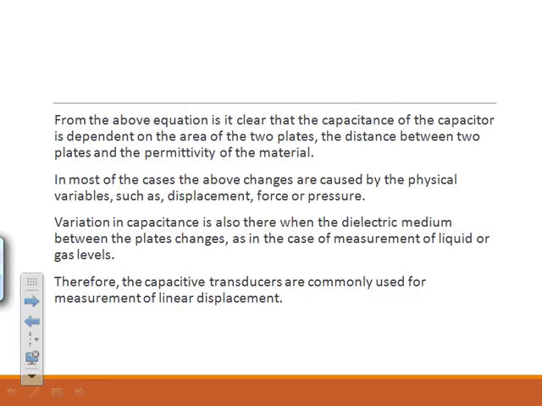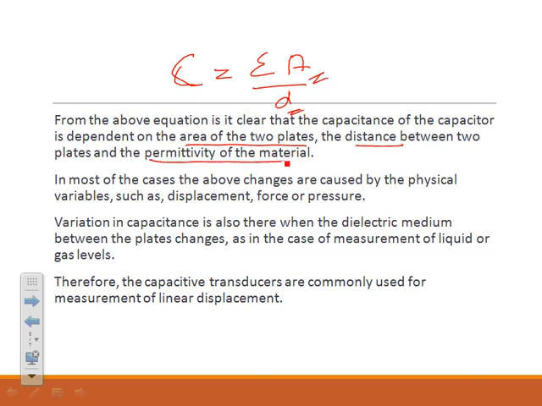From the above equation, it is clear that the capacitance depends upon the area of the plates, because C is equal to epsilon A divided by D. Second, the distance between the two plates, D. And third, the permittivity of the material.